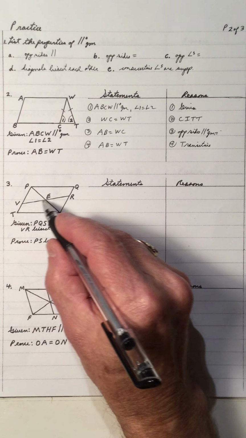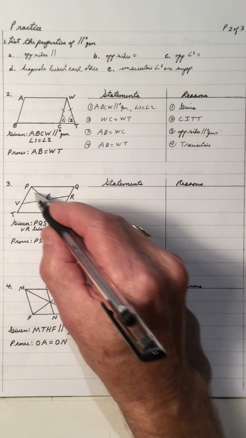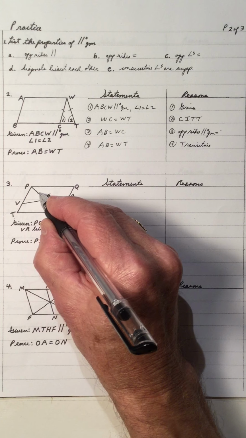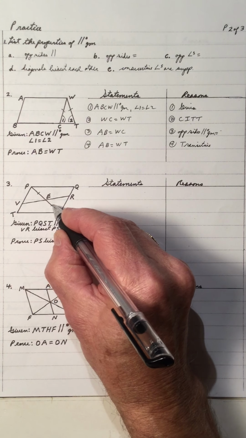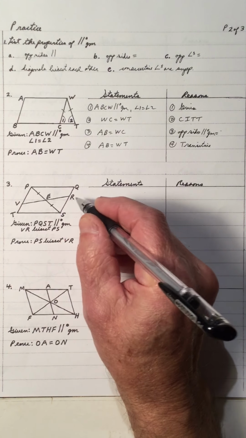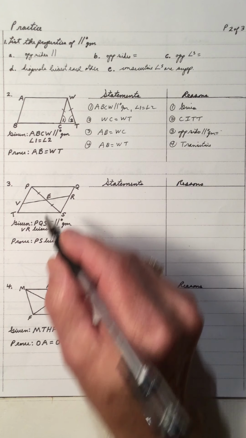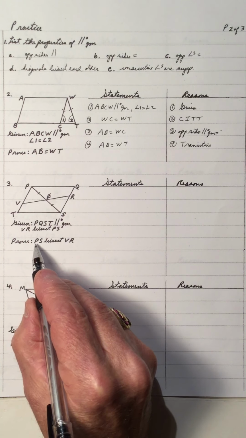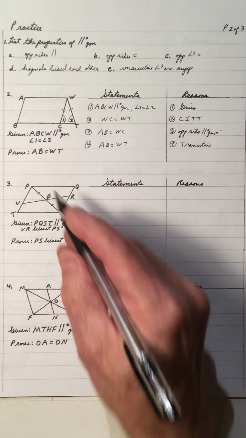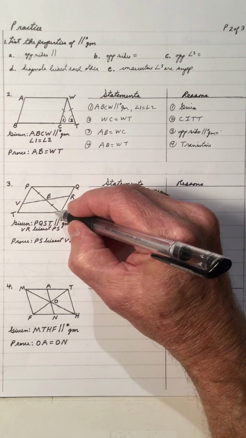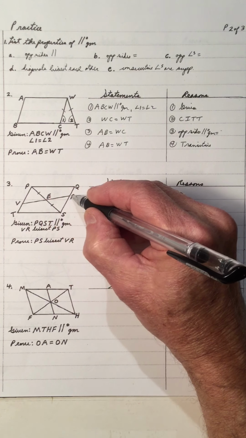So VR bisects PS, that means that PE is going to equal SE because of a bisector. So I have these two sides equal. It says prove that PS bisects VR.